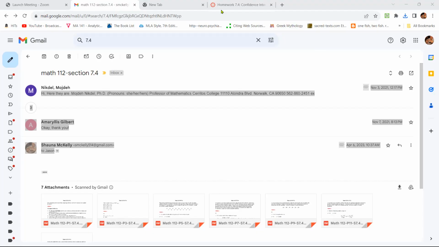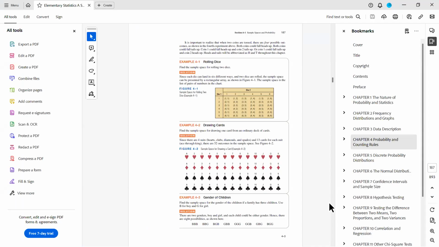So if you're looking at the exam and you're looking at the problem with the dice, this is the even sums. I'll show you the problem in a minute, but it refers to the sample space for 2 dice. You can find this on the slides for section 4.1, and also in your textbook on the page that I have on the screen.